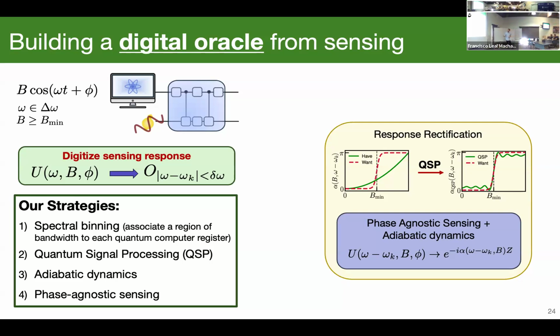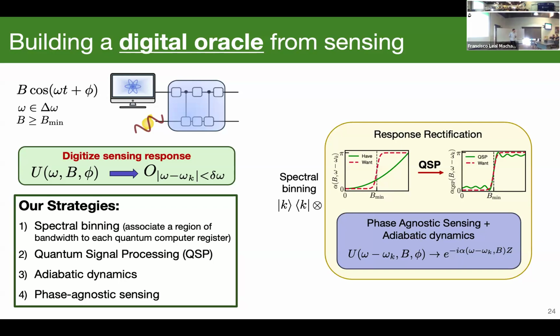And I'll explain how to do it one frequency at a time. Then we need to do it for all frequencies in parallel. So to each, you see, I have this omega p here. We effectively want to associate the frequency that we target with these operations to the state of our quantum computer.